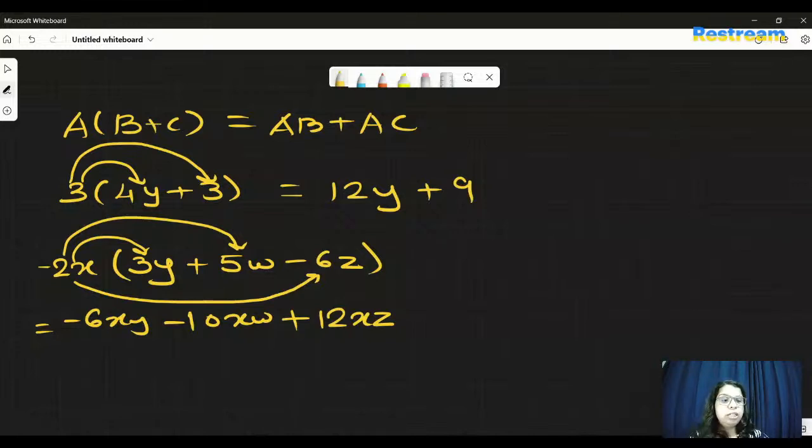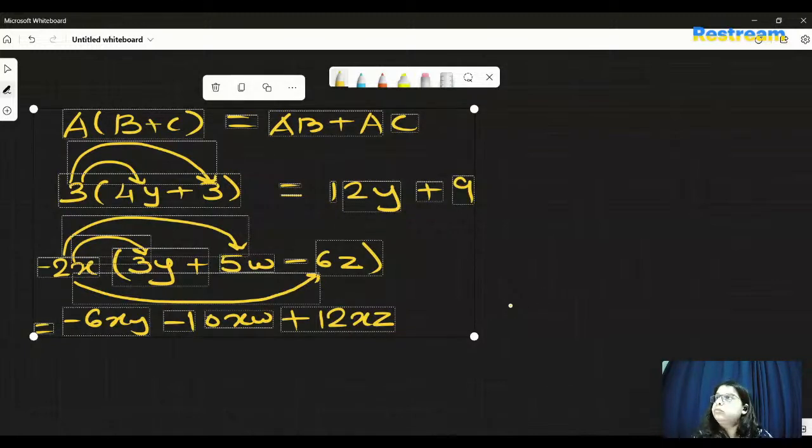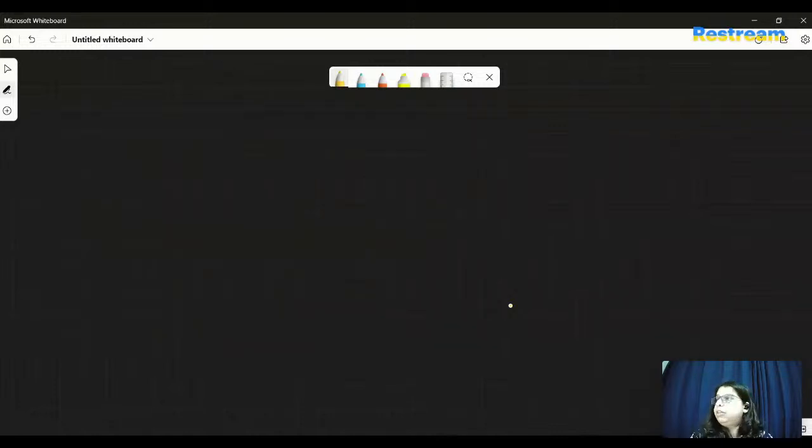Okay, so let's go into more simplifying. We have to go into simplifying an expression. Okay, so let's do a few examples.